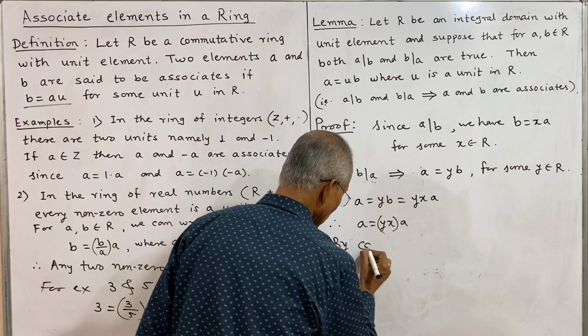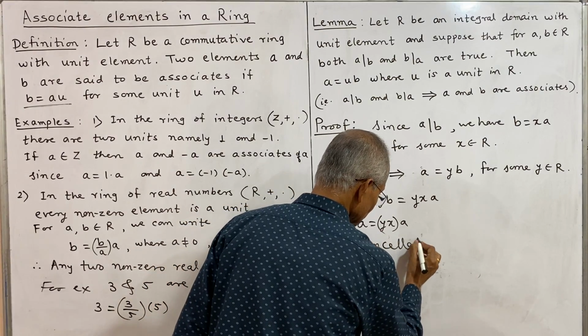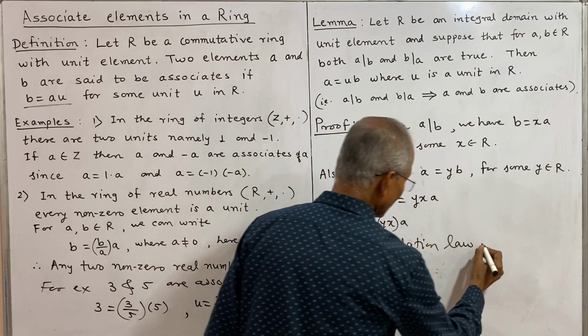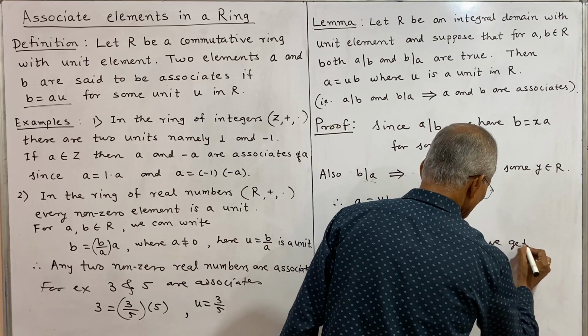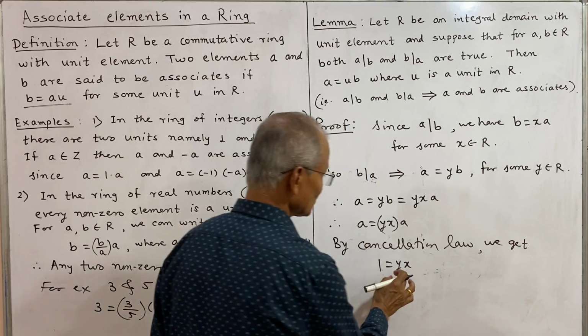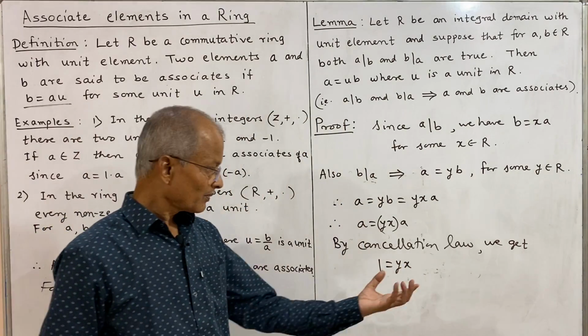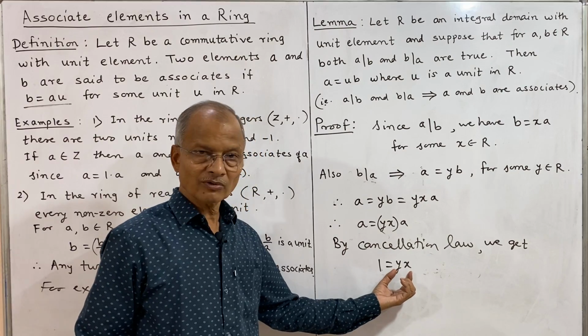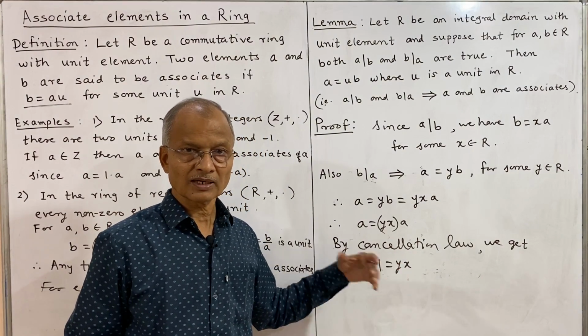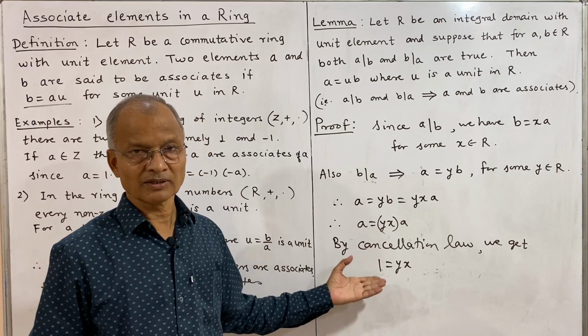By cancellation law we get 1 is equal to yx, and what this shows, if x into y or y into x is equal to 1, then x and y are units. That is our earlier definition of a unit in a ring.